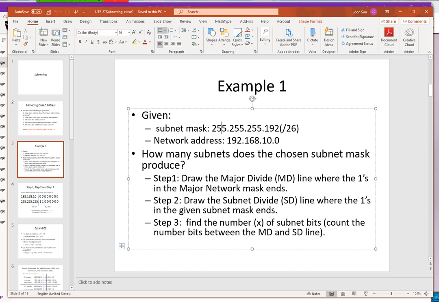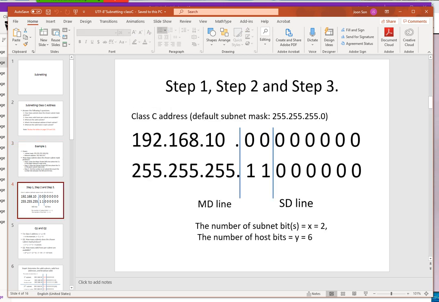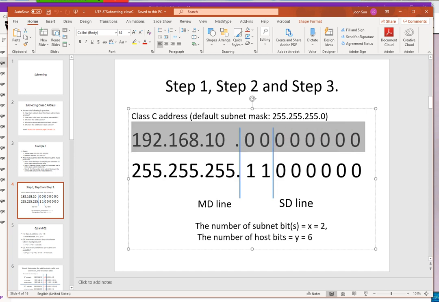If you want to say something, please speak up. The subnet mask is this, and your network address is given. How many subnets does the chosen subnet mask produce? The first thing is I want to write down the network address, or the IP address, that is given.